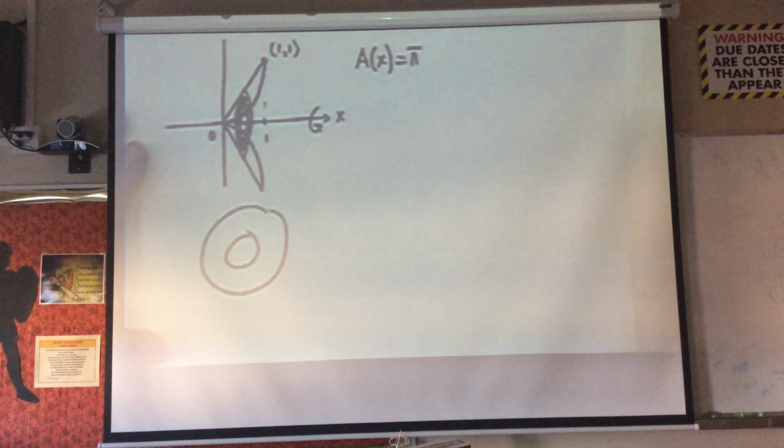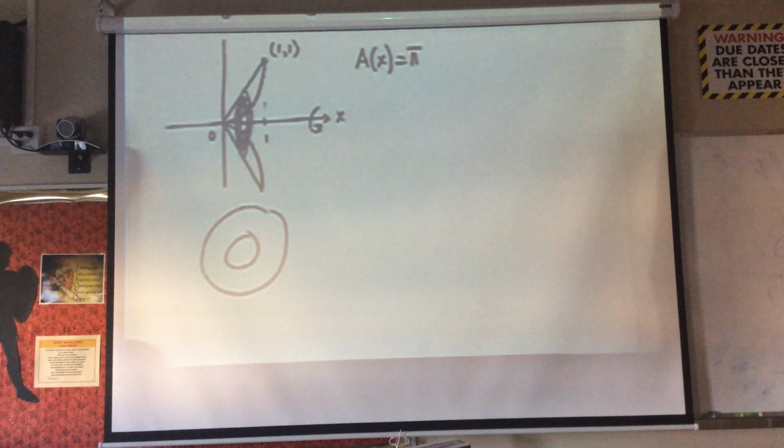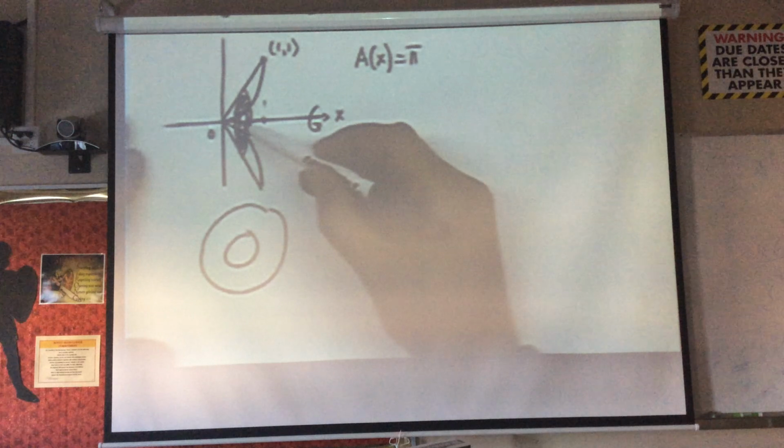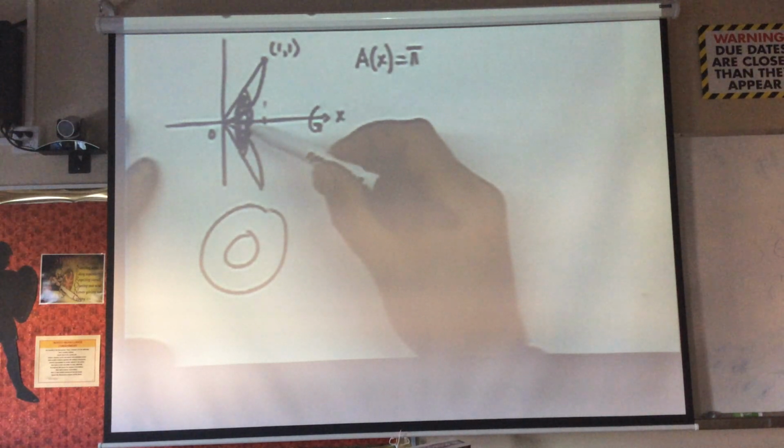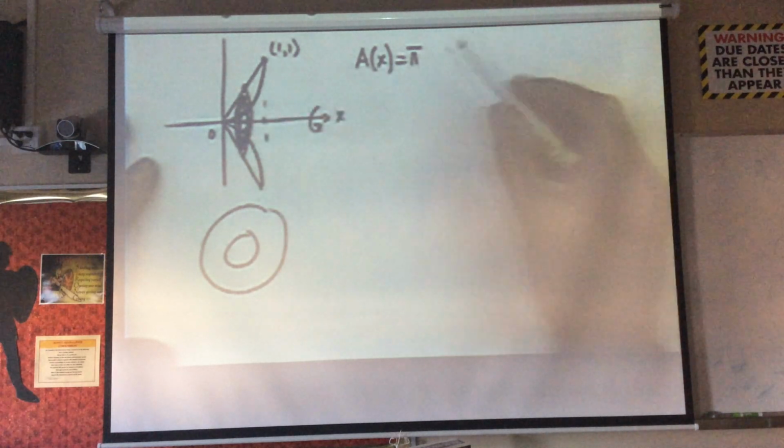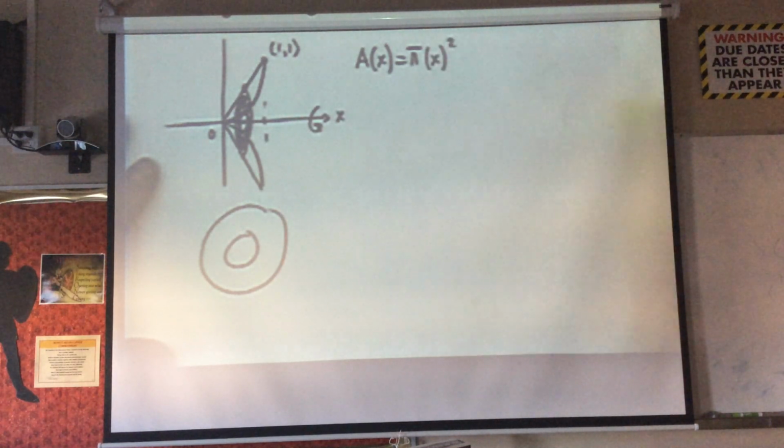So here's my question. What is the radius of the larger circle? It's x. It's the distance from the axis of rotation, from this inside piece, to the outside. And this will be x, that's right. So you get x squared.